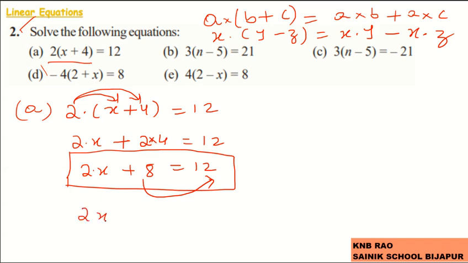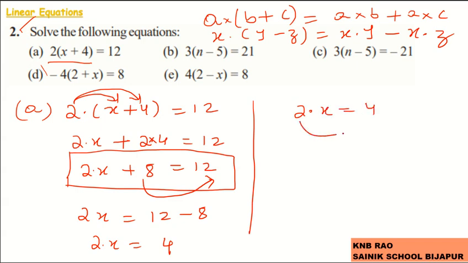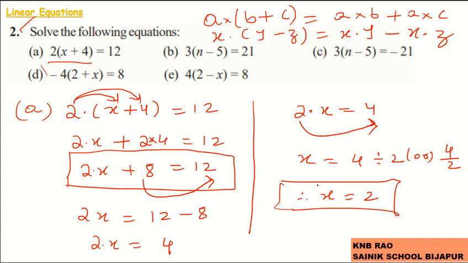So 2x equals 12 minus 8, 2x equals 4, and further, this 2, a multiplicand, if transposed becomes the divisor, x equals 4 divided by 2, or I can write 4 by 2. Therefore x equals 2 is the solution. This is how we solve.